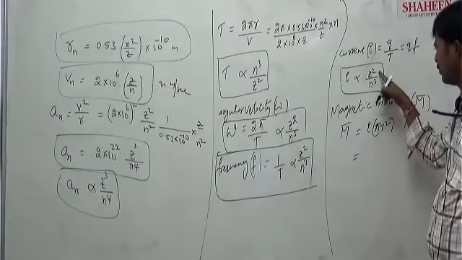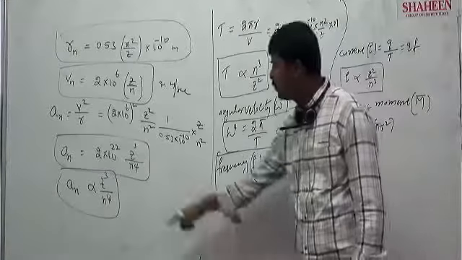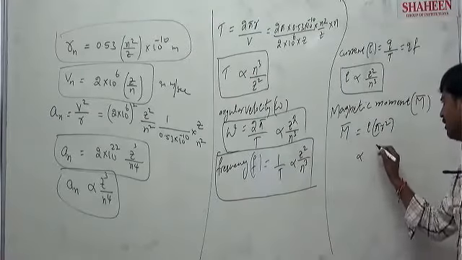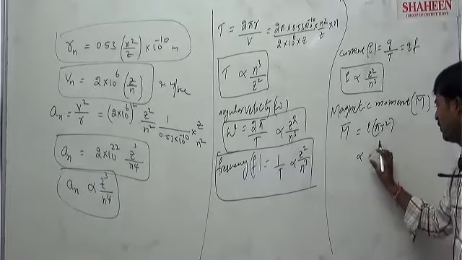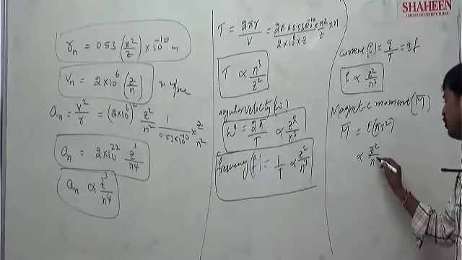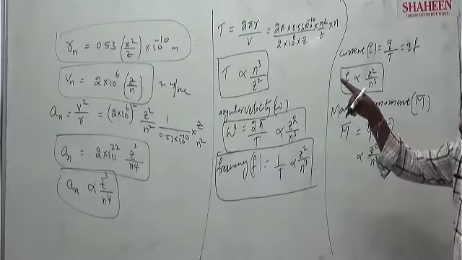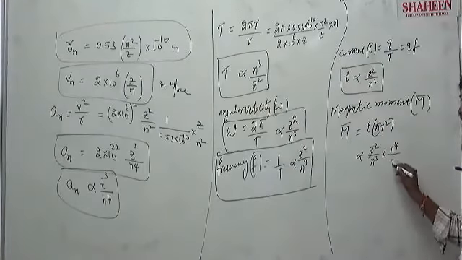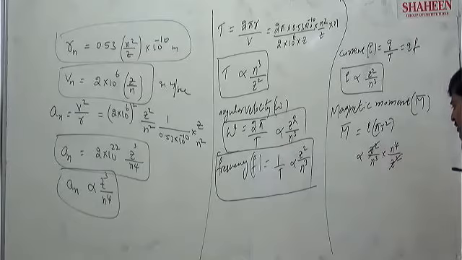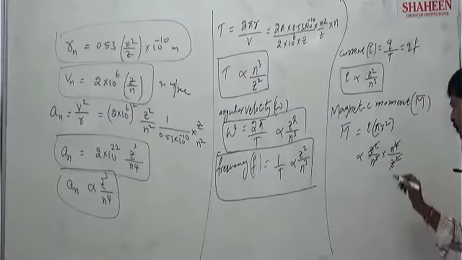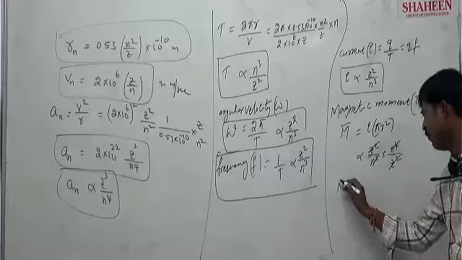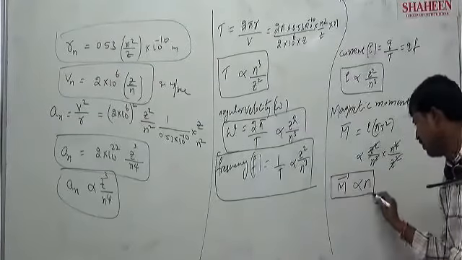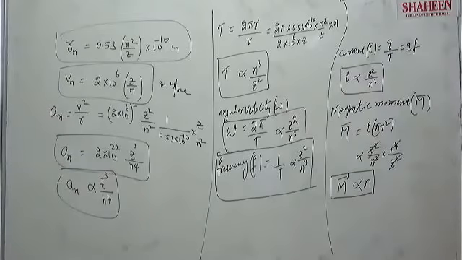So I is proportional to z square by n cube and r is proportional to n square by z, so r square is n power 4 by z square. Z square cancels out, n power 3 with n power 4 cancels out. So finally the magnetic moment is directly proportional to n only. N is the principal quantum number, right?